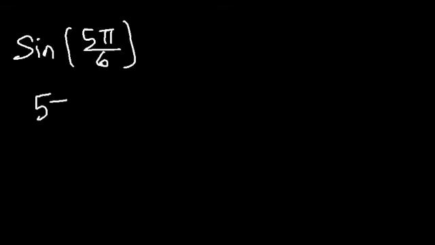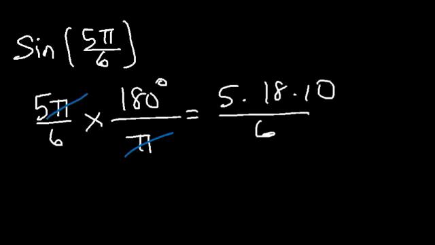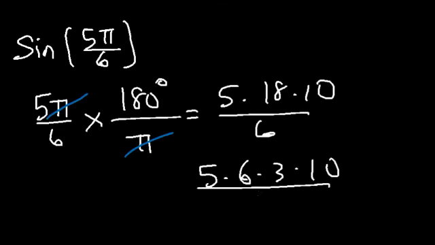Let's convert radians into degrees. In order to do this, you need to multiply the angle in radians by 180 over pi. Notice that the pi's will cancel. 180 is basically 18 times 10, and 18 is 6 times 3. So we can cancel a 6.